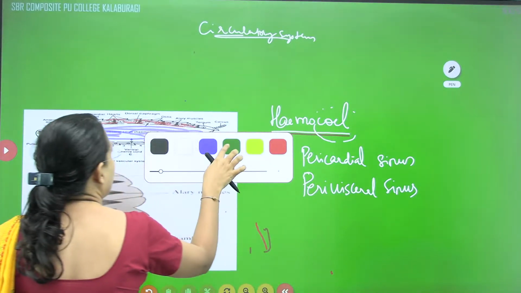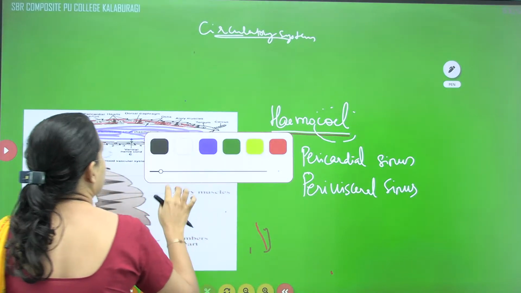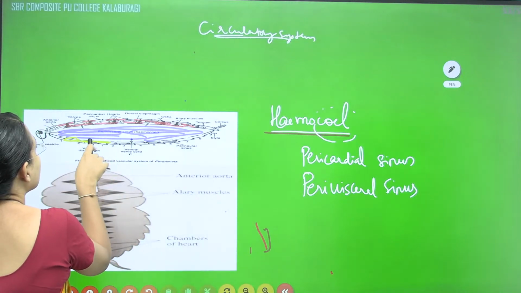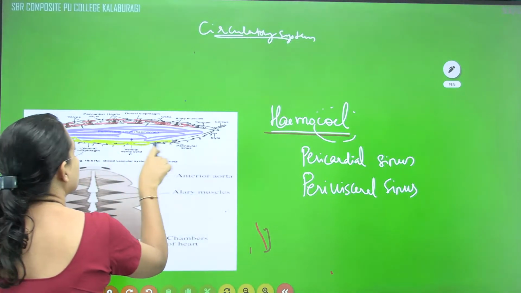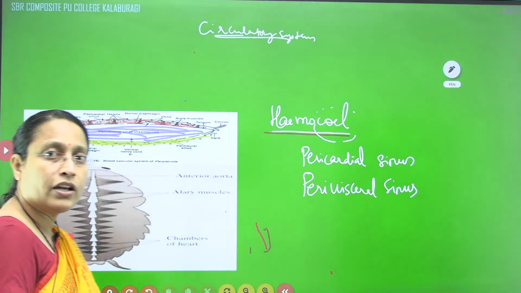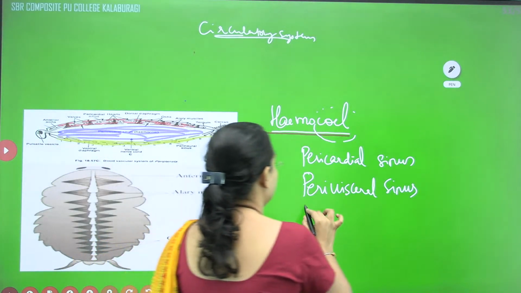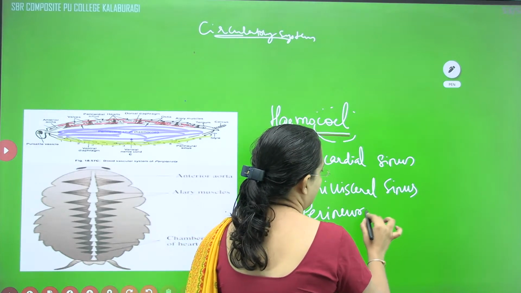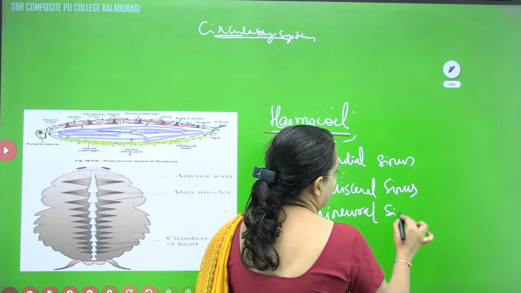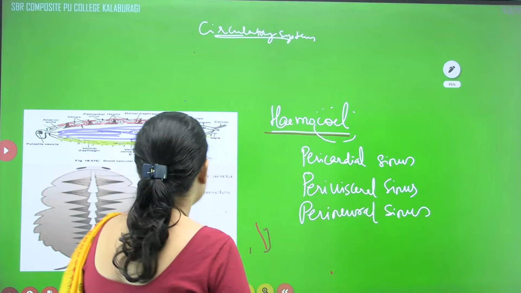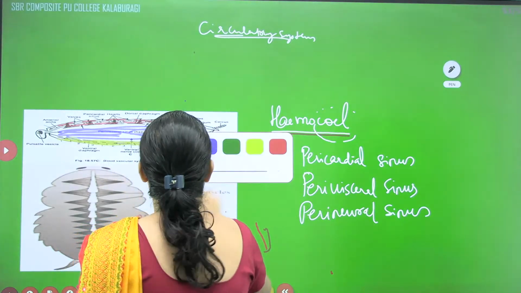Then here you have one more sinus, and that is called the perineural sinus. Pericardial sinus, perivisceral sinus, perineural sinus.